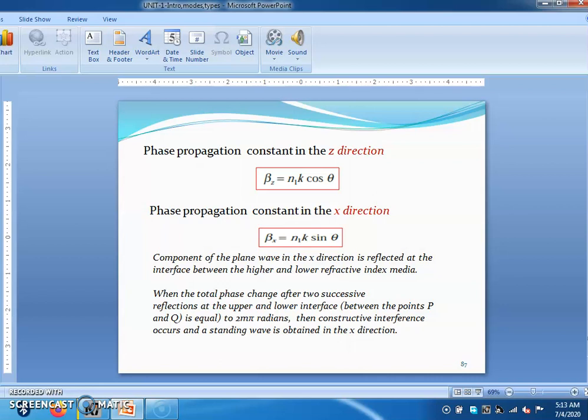That is, the phase difference should be equal to 2 m pi radians, then constructive interference occurs and a standing wave is obtained.